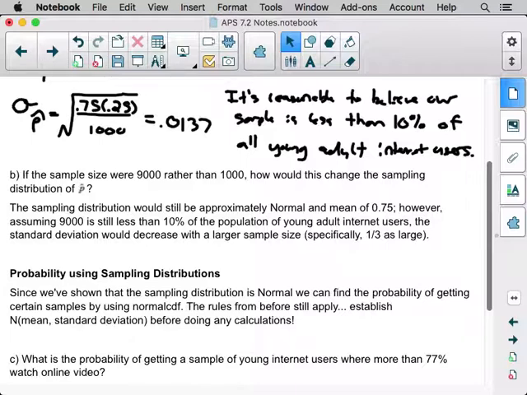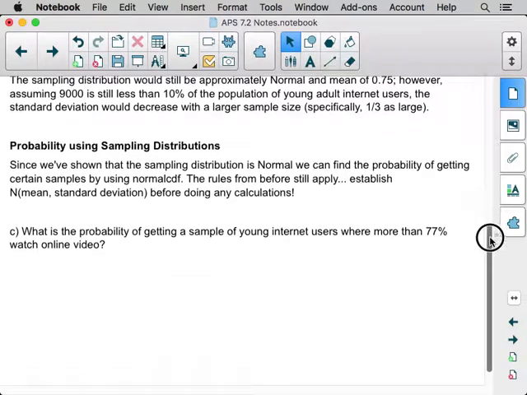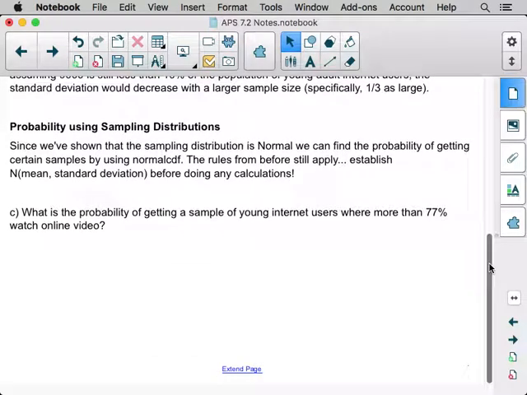All right, so now knowing how to describe these distributions, knowing what happens when we change the sample size, the next thing to talk about is we can calculate probabilities, okay? What are the chances of getting a sample larger than something else, smaller than something else? Now, what shape is this distribution? It's approximately normal.